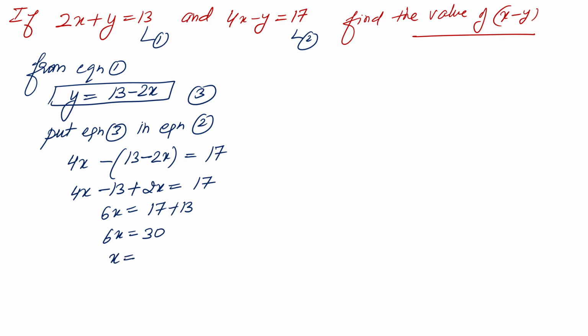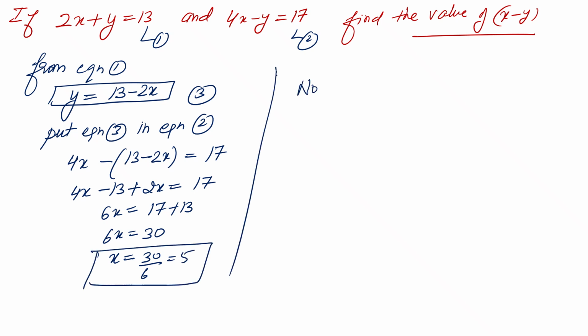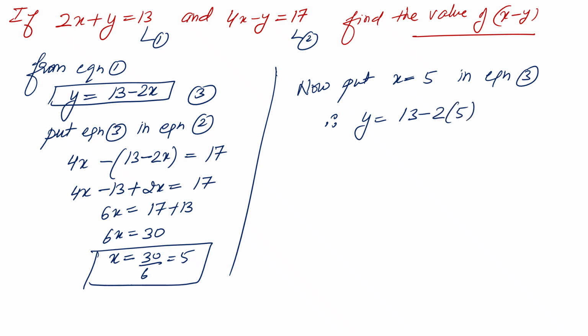So x would be equal to 30 over 6, which is equal to 5, right? So now put x equals 5 in equation 3. So therefore y की वैल्यू क्या आ जाएगी? 13 minus 2 into 5. So 13 minus 2 5s are 10. So y would be equal to 3.